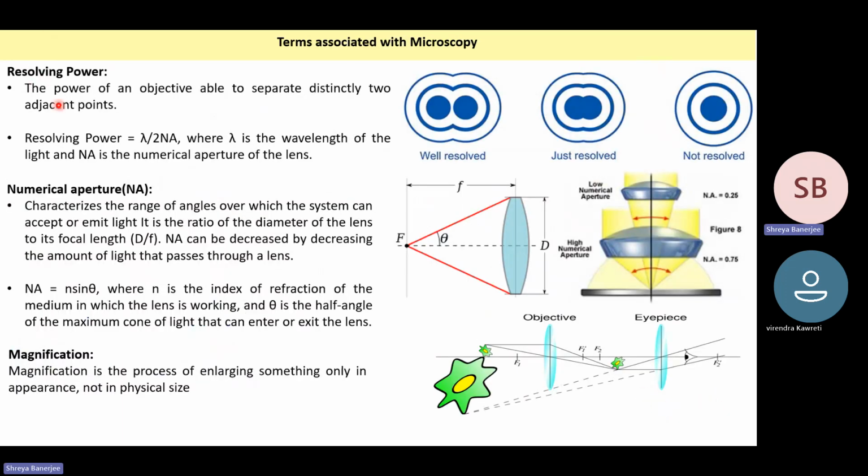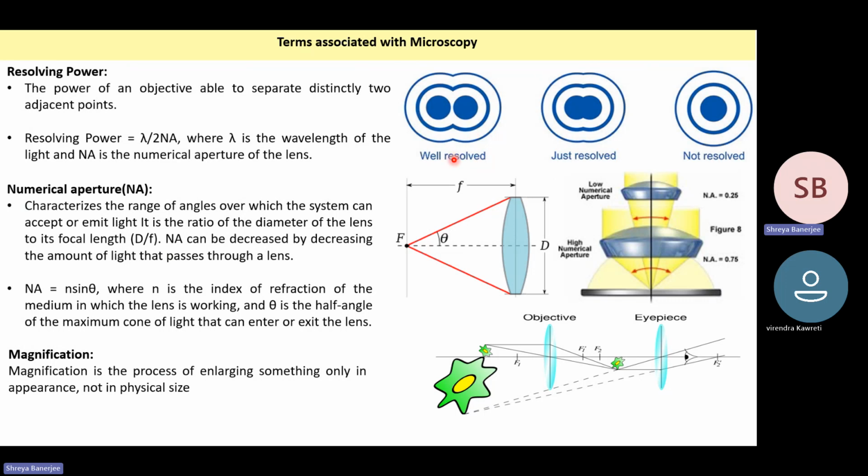So now we will look at some terms related to the microscope. One term is resolving power. This is the power of an objective lens to separate distinctly two adjacent points. So suppose you have two adjacent points and the microscope can separate between them, so they appear as separate points.